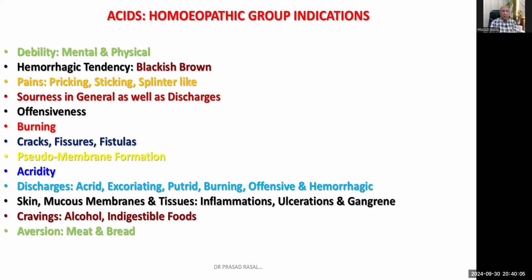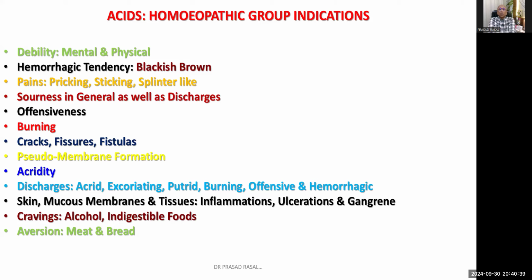The commonest site of affection is the skin, the mucous membranes, the tissues. And in the skin, mucous membranes and tissues, you commonly get inflammations. They are not acute, generally they are of chronic nature. There are ulcerations, there is gangrene. These are very common things. There is a craving for alcohol, indigestible foods.